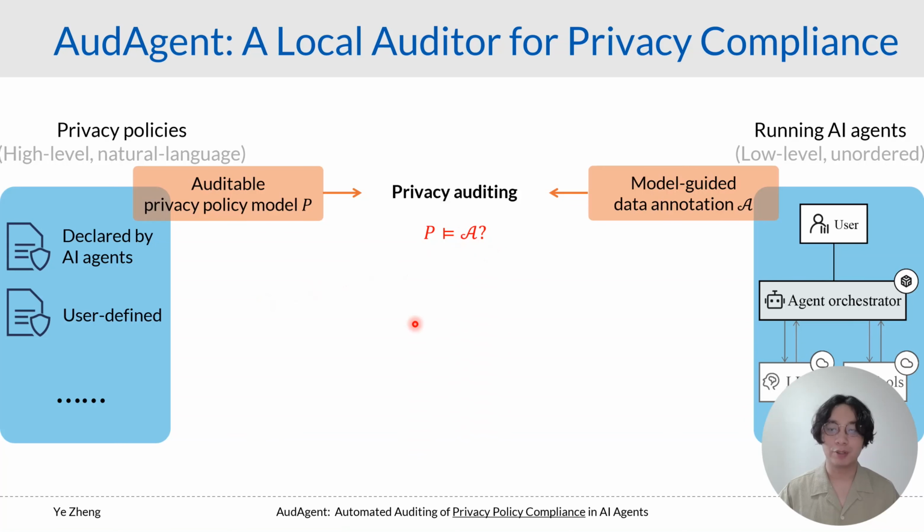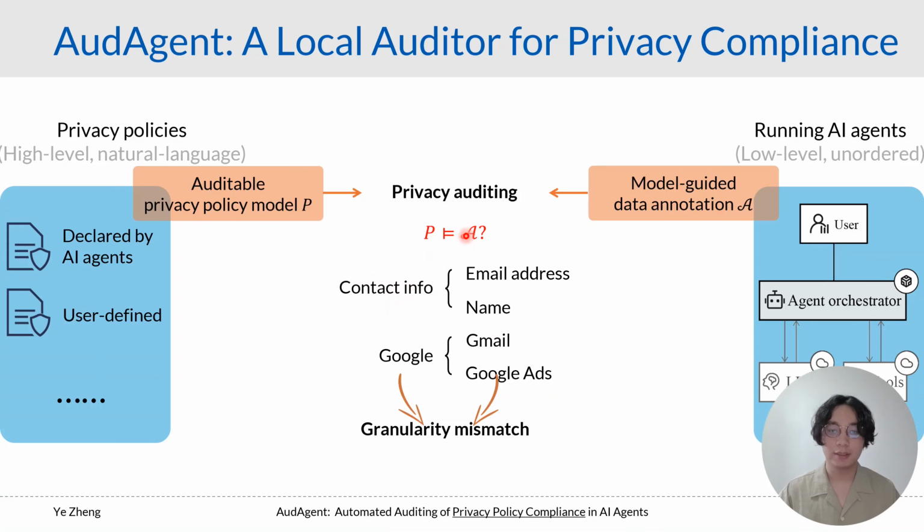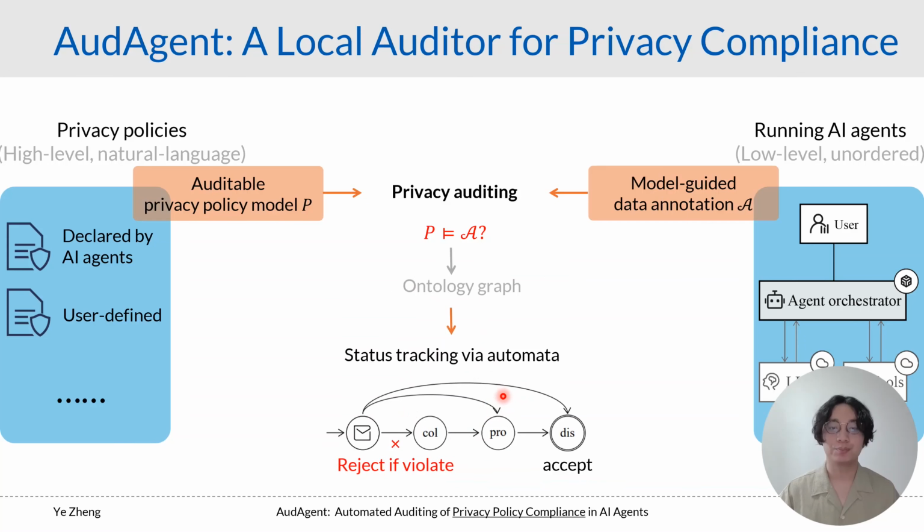Then the problem is reduced to checking whether the actual data behavior complies with the privacy policy model. There's still one gap left: the granularity mismatch between data type and data instance. For example, contact information can be an email address, name, etc. For Google, it includes Gmail, Google Ads, etc. To address this granularity mismatch, we have an ontology graph to encode this type-subtype relationship.